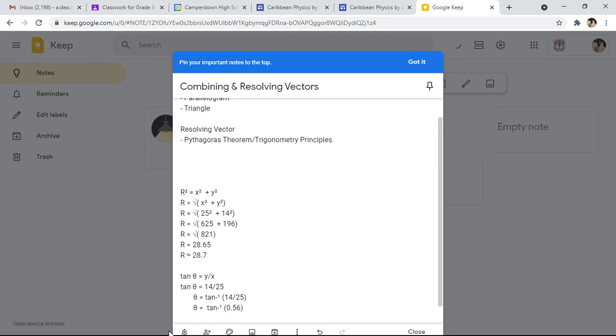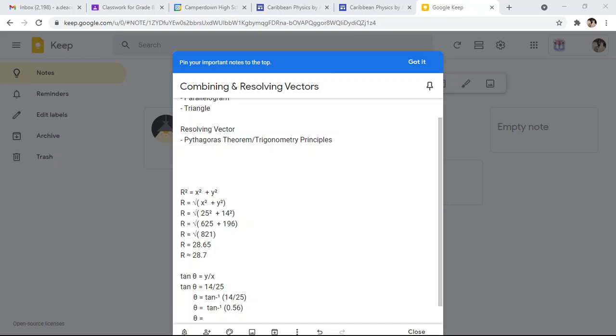So that means this theta right here is going to equal, and what you do now is go on a scientific calculator, not the adding machine.